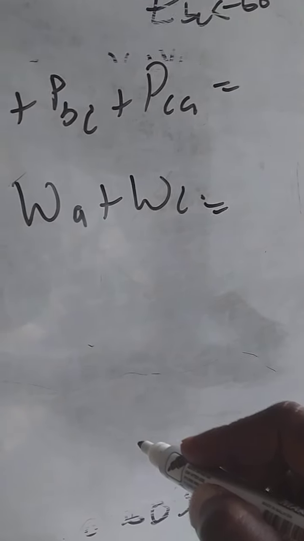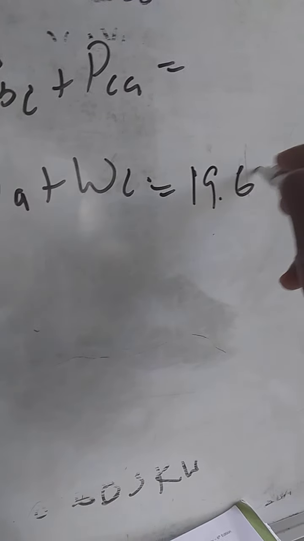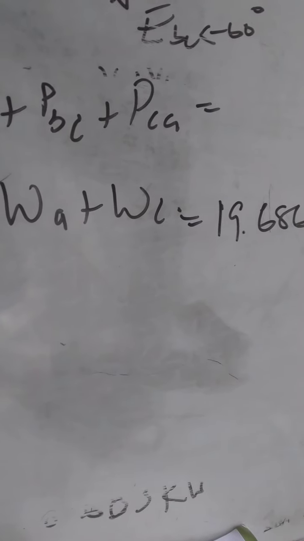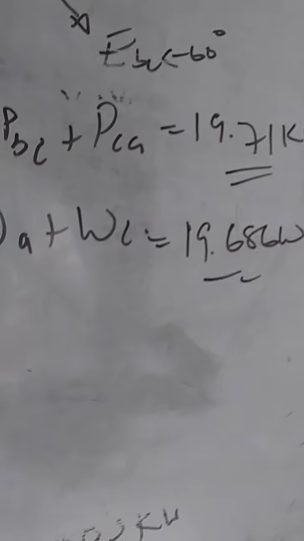WA plus WC gives you 19.686 kilowatts, right? And if you add all the power in the loads together, it gives you 19.71 kilowatts, which is approximately equal.